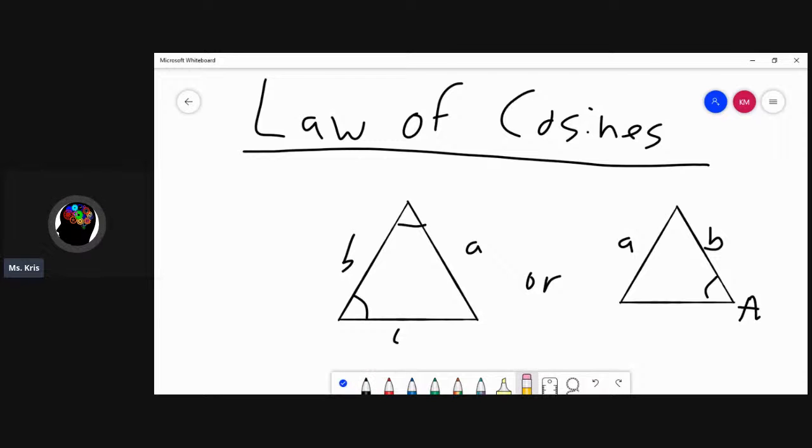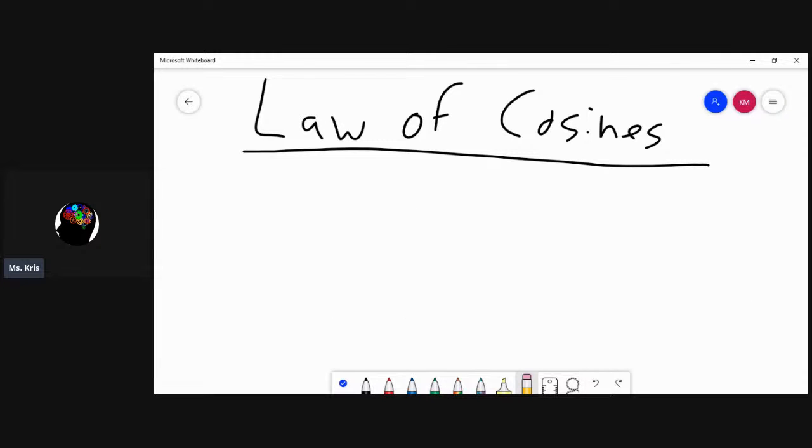Now, law of cosine typically looks like this. You have two sides and you have an angle in between those two sides.